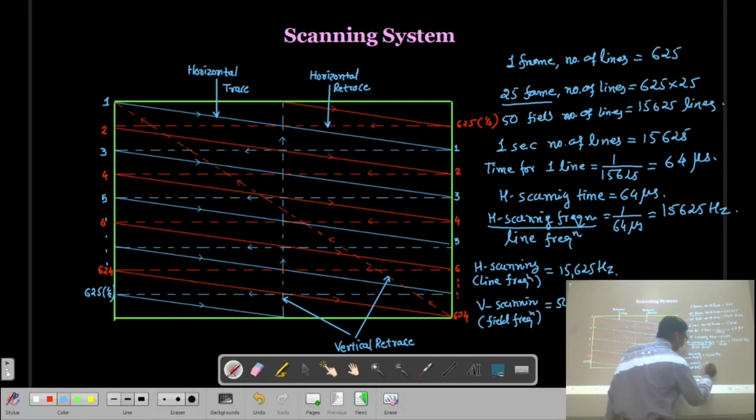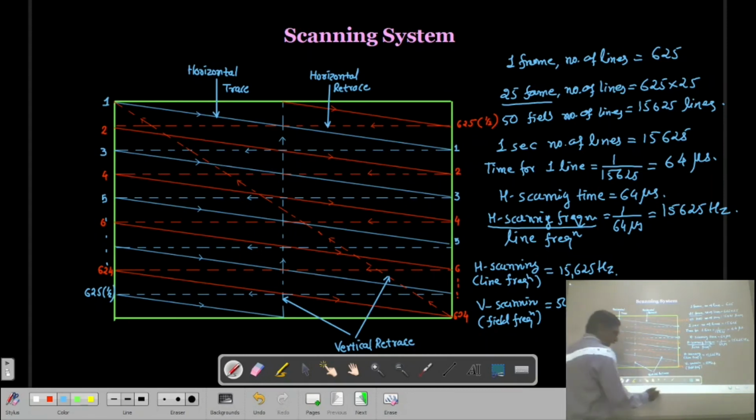It is 50 hertz. So for whatever line number 1, 2, 3 is going to be traced, we require a sawtooth signal of 15,625 hertz. And to move the electron beam from top to bottom, you require a vertical scanning frequency of 50 hertz.